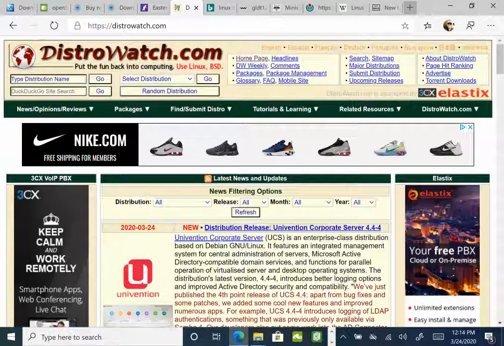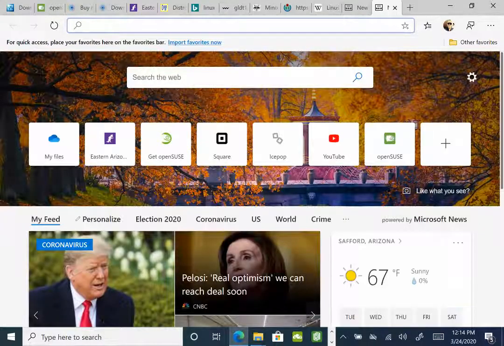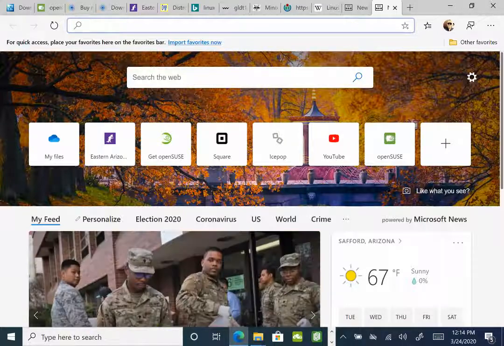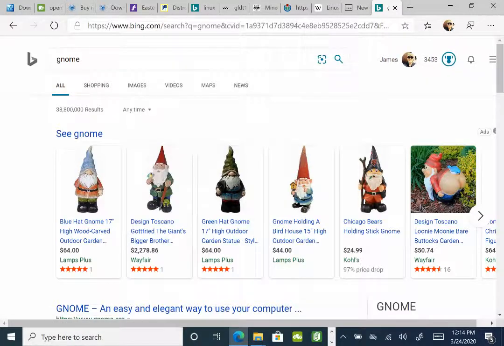Okay, so the last thing I'm going to talk about in this little video to get you going with screen capture is that on top of these distributions you can have different GUIs. We're using a particular GUI. We're going to look at the other one that's very popular, and that's GNOME. You can call it GNOME, or you can call it GNOME.